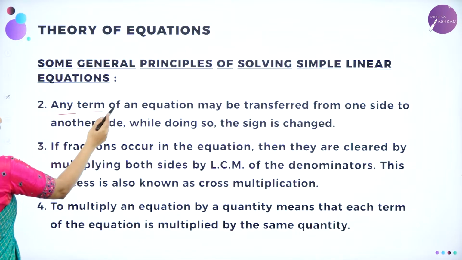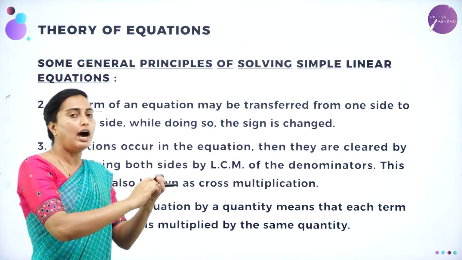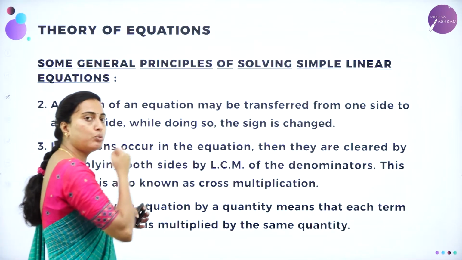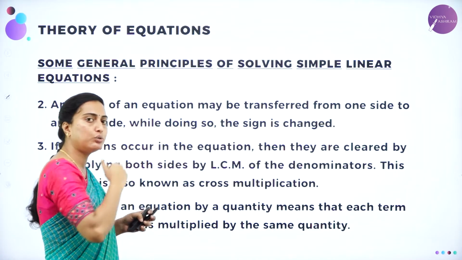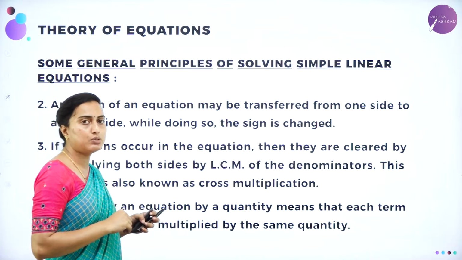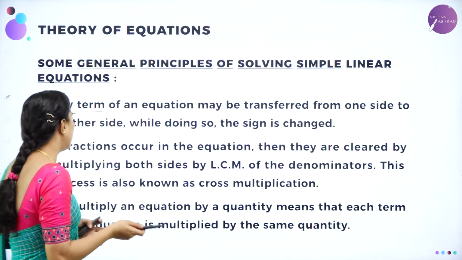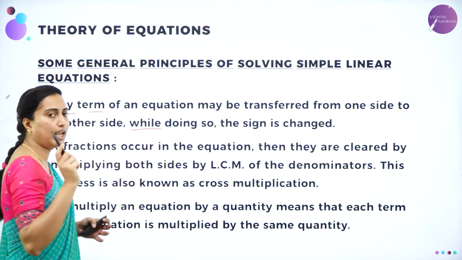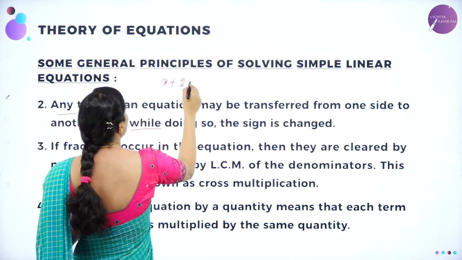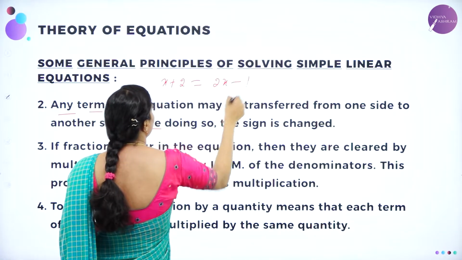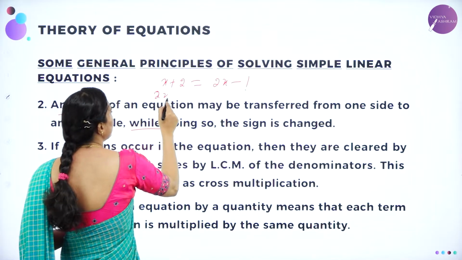Next rule: any term of an equation may be transferred from one side to the other side. You can transfer any term from the left hand side to the right hand side, or from right to left. While doing so, the sign is changed. For example, if you have x plus 2 is equal to 2x minus 1, from the left to the right I am transferring, so 2x minus 1 I am writing as it is.